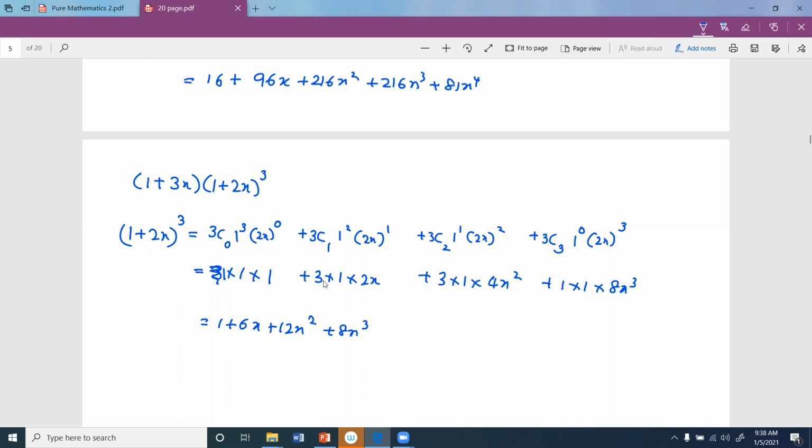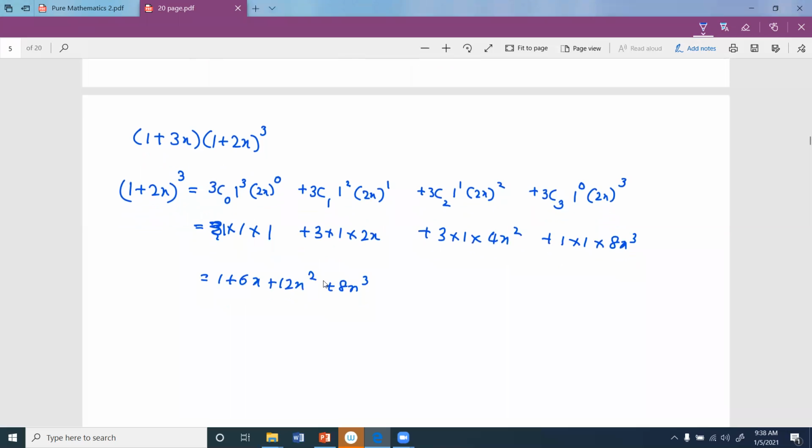This is the expansion for (1 + 2x)^3. Then we can expand the bracket: (1 + 3x) times this expression, 1 + 6x + 12x² + 8x³.